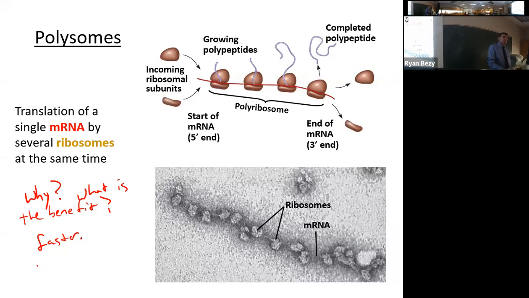And what that really boils down to is more protein made per unit of time. And that's especially beneficial if you're making proteins the cell needs a lot of, which is many different kinds of proteins, actually.